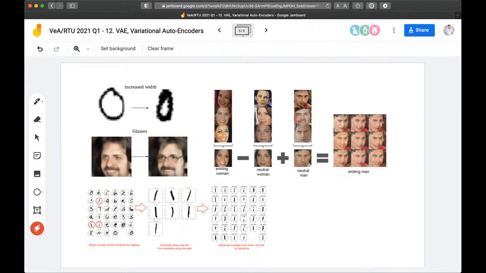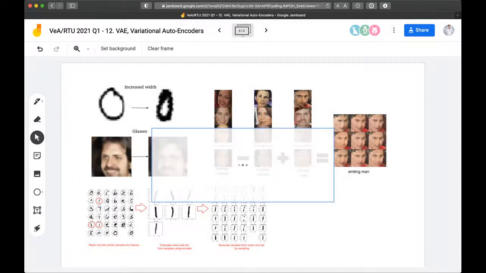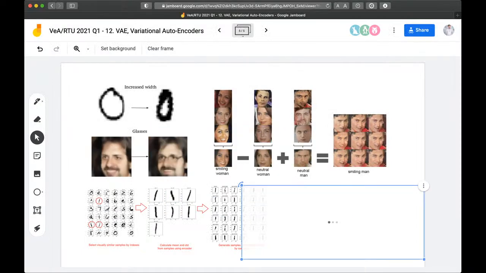So you can, for example, select from the samples just once, then calculate the mean and standard deviation, and then do the sampling of this and get all sorts of variations of number 1, for example, or letter I. That's one cool feature, and I think the coolest feature is actually having the arithmetic on the numbers themselves, on the shapes.